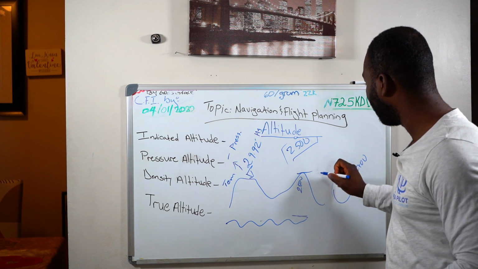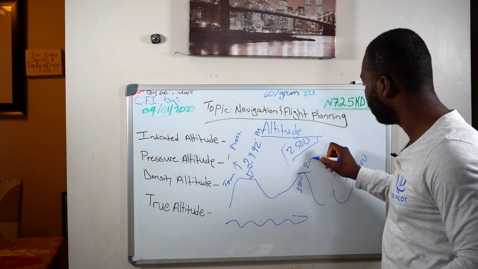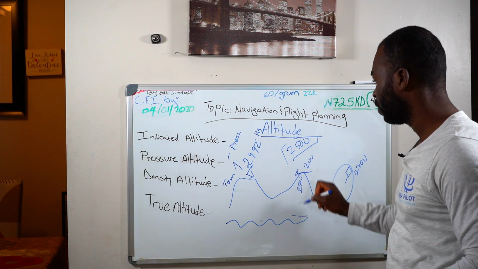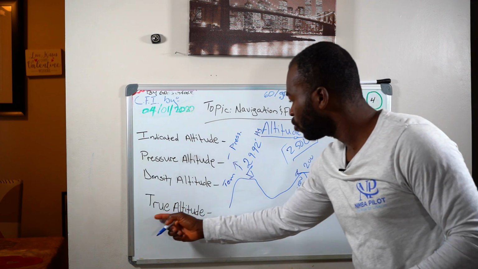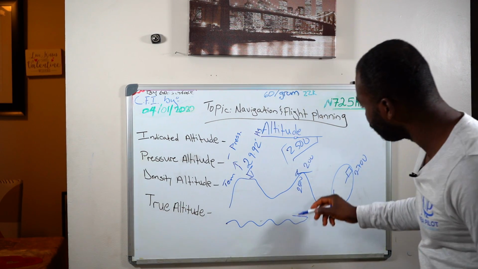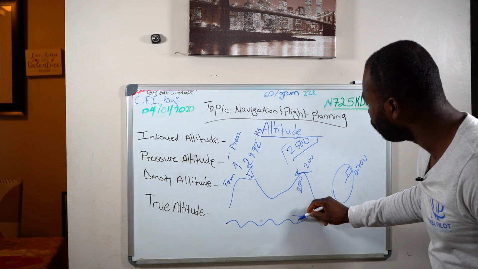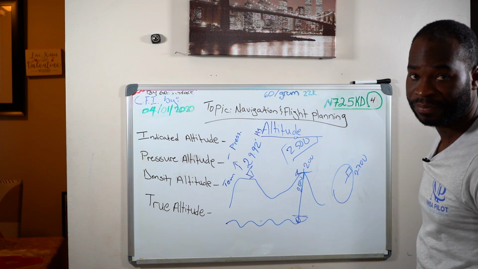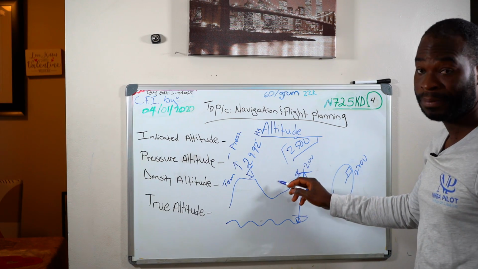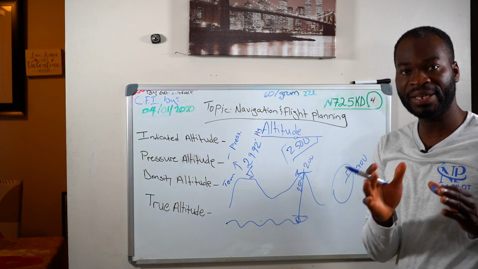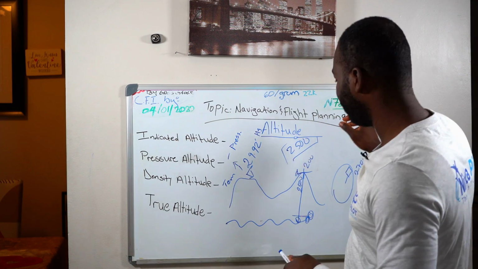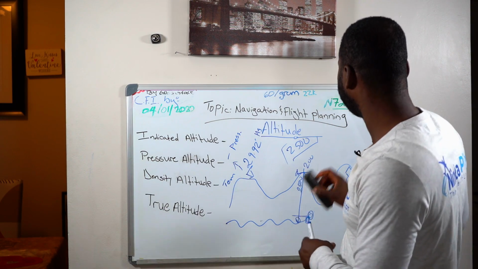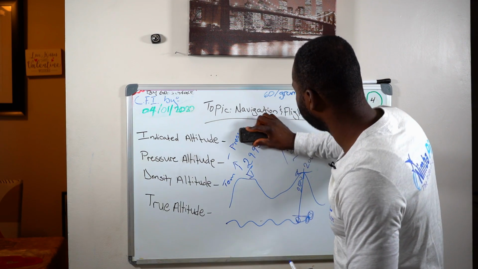You are only flying 200 feet above this mountain. So your true altitude measures your true vertical distance above mean sea level, not above any ground or obstacle. So we should not get that confused. All right, let us briefly review this before we move to the next group of terms.